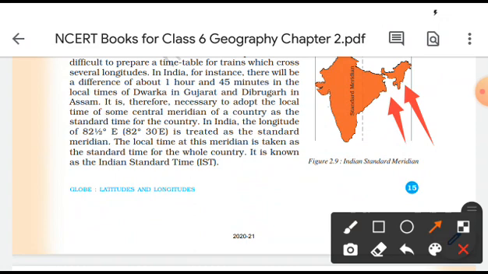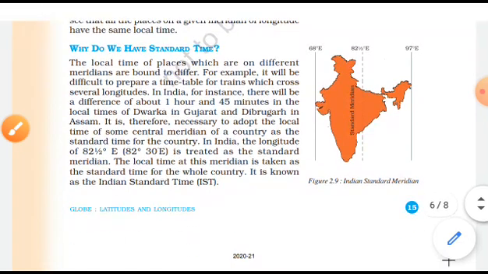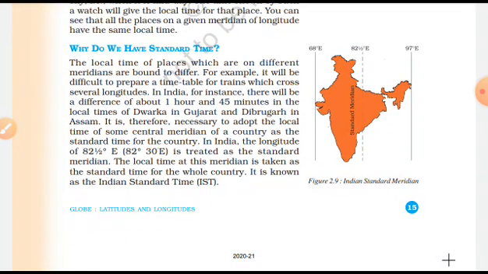So if the sun rises from here at 4 o'clock, then we see the sun here rising at 6 o'clock, and the same situation happens when the sun goes down and sets. Here we have Dwarka and Gujarat, and here also Assam is situated over there.